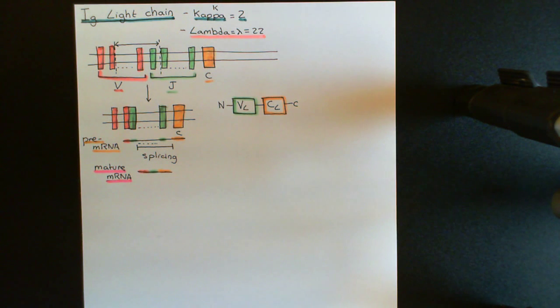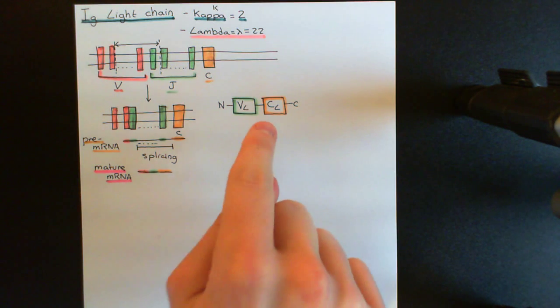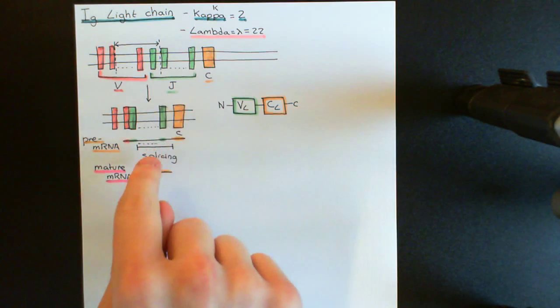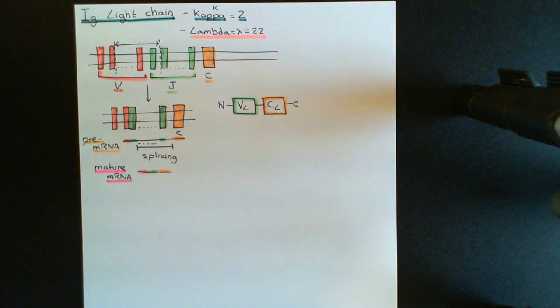In the case of the heavy chain, the reason you had those 10 different options was because you had those 10 different gene segments in the immunoglobulin heavy chain locus. Here, the reason that you have these two different options for the constant region of the immunoglobulin light chain is very different. It's because you have more than one type of immunoglobulin light chain locus.